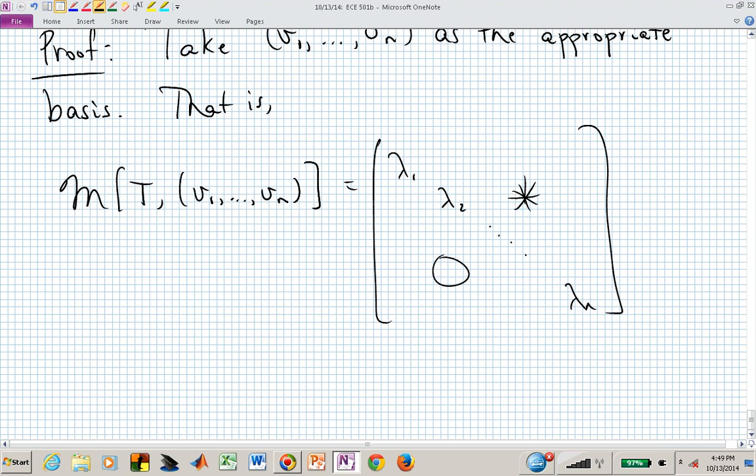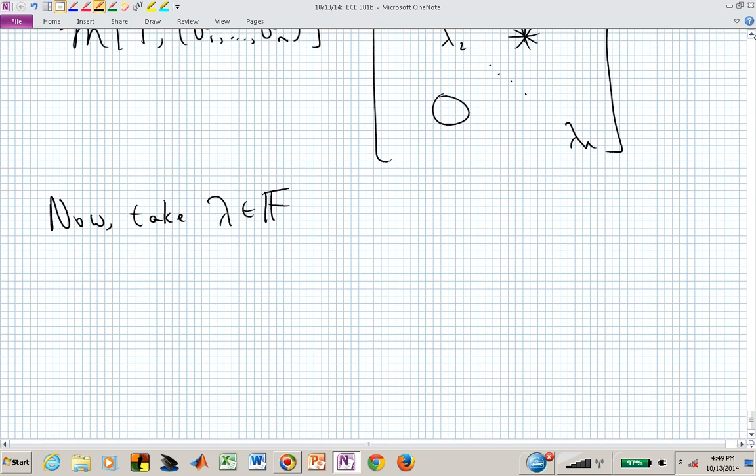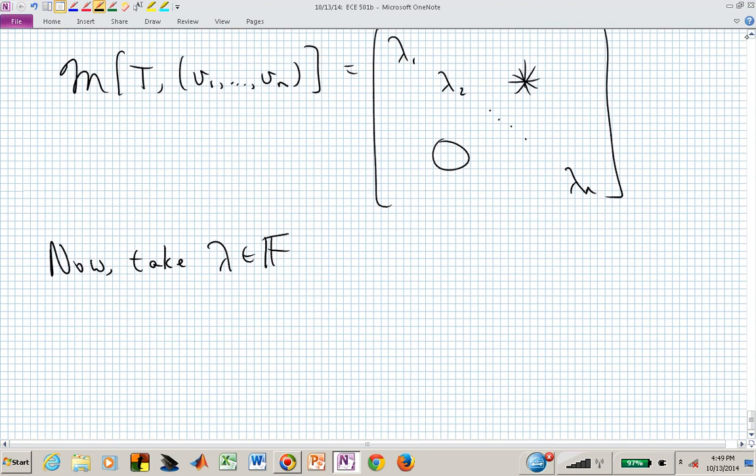Now, let's take lambda, a variable in our field of numbers, F. And let's look at a matrix representation related to T, but incorporating this variable lambda.